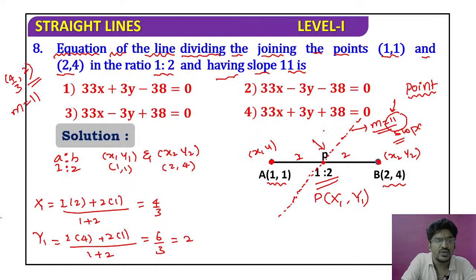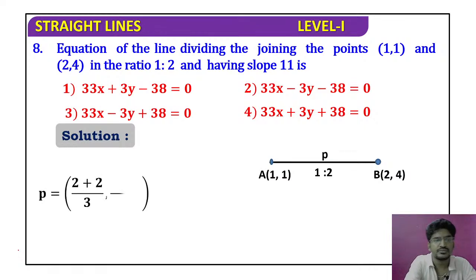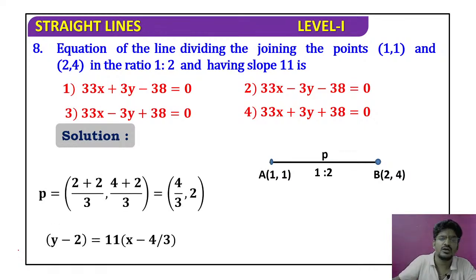Okay, so you can see here, I will remove all these things. We got 4 by 3 comma 2, already simplified. So now you see the equation, that is y minus y1 equal to m into x minus x1.